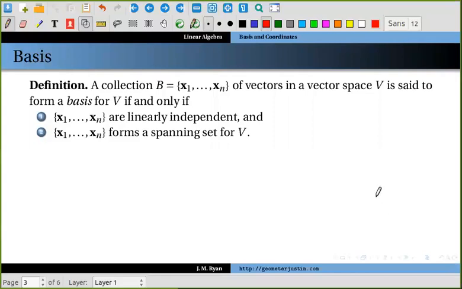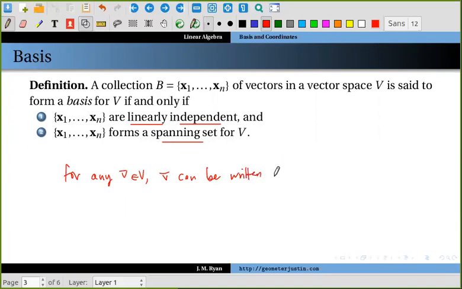Remember that a collection of vectors, which we'll name B, x1 through xn of a vector space V, is said to form a basis if and only if the collection is both linearly independent and spanning. Taken together, these two properties mean that for any vector v in V, we can find coefficients and write this v uniquely as a linear combination of these vectors.